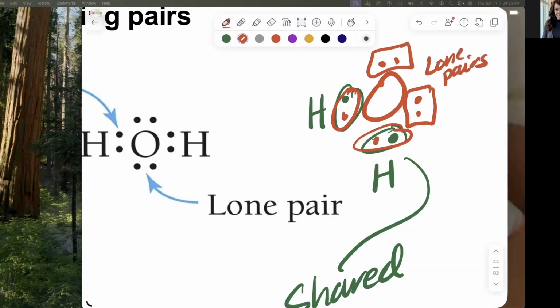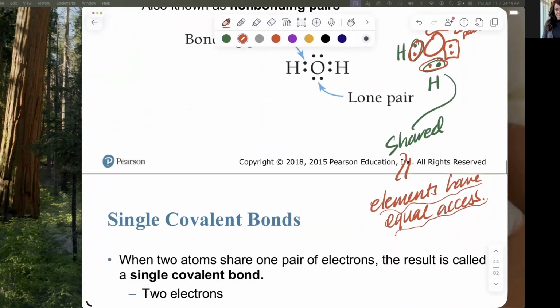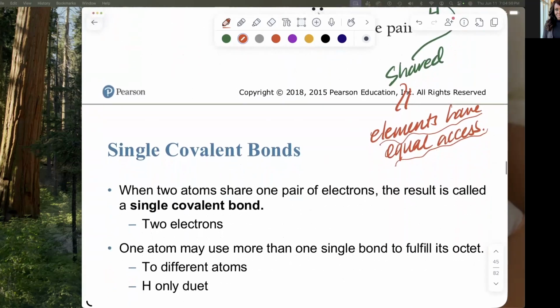Only oxygen. So oxygen is like, just in case, I'm going to have this account on the side. I probably should have hydrogen's name on it, but I don't want to. This is going to be my backup plan, right? Too much, I know. This is oxygen's lone pair account where only oxygen has access to them. Yes, elements do that too, okay?